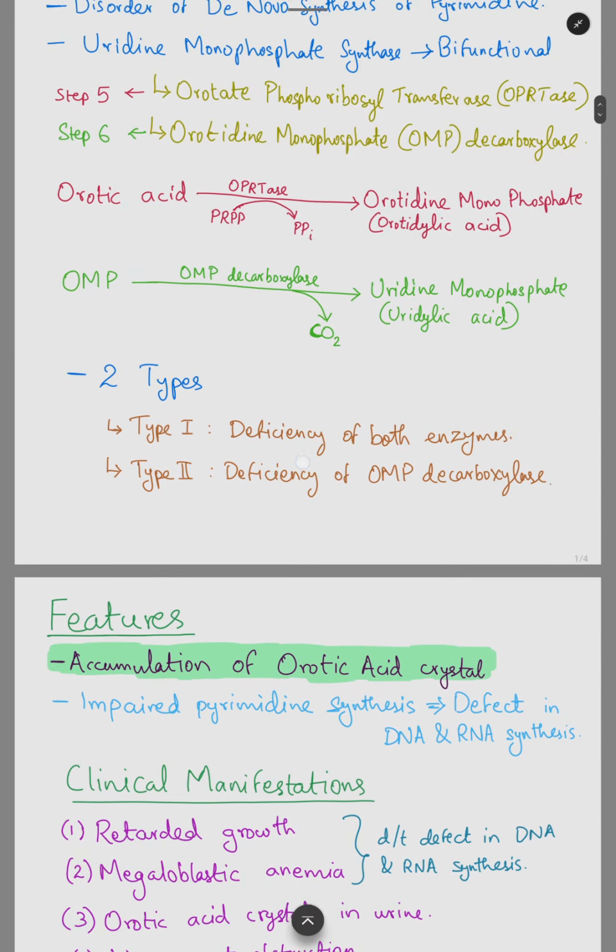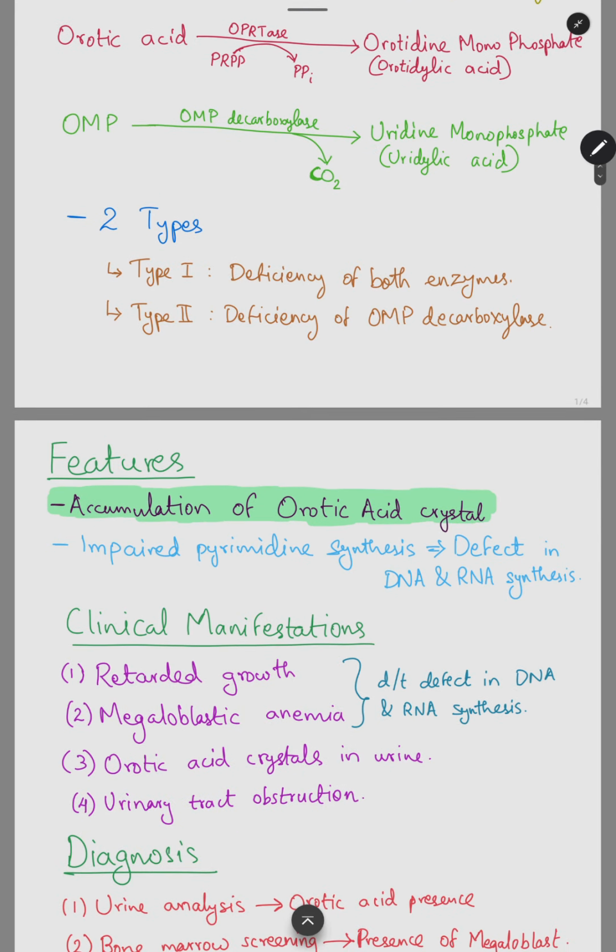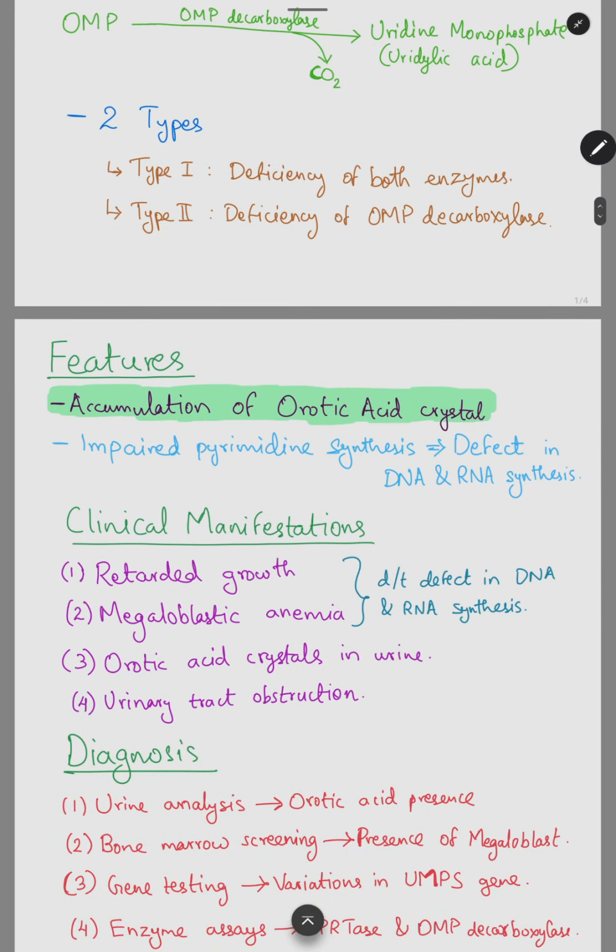And these are the intermediate steps in the de novo synthesis of pyrimidine. If these fifth and sixth steps are blocked, that causes an obstruction in the synthesis of pyrimidine, resulting in impaired pyrimidine synthesis, and that causes a defect in DNA and RNA synthesis.